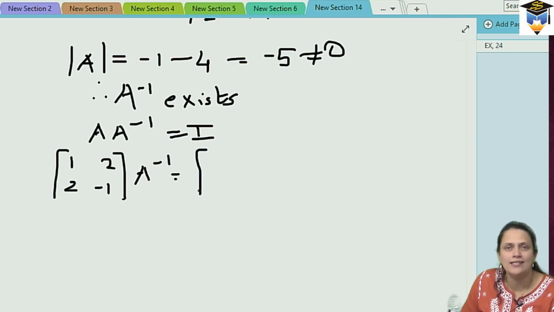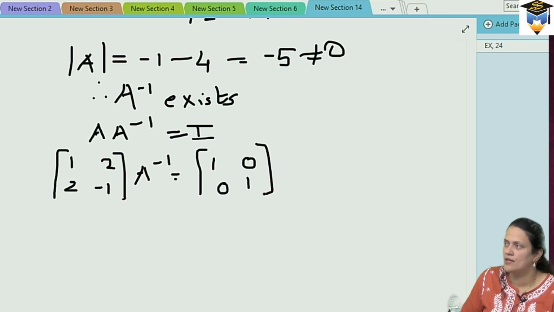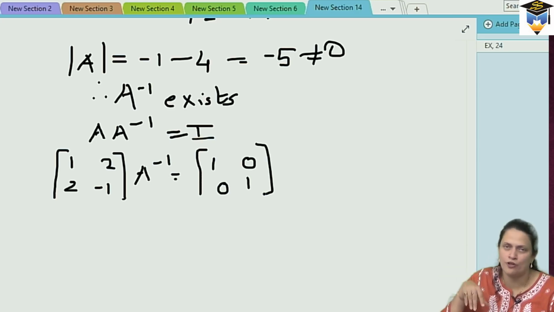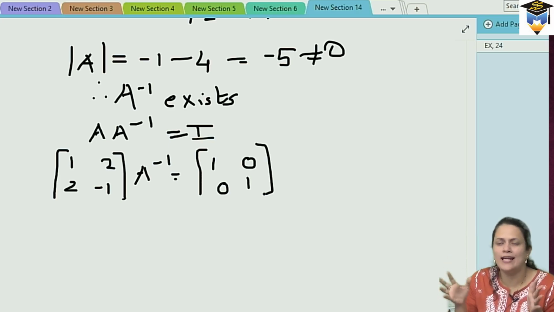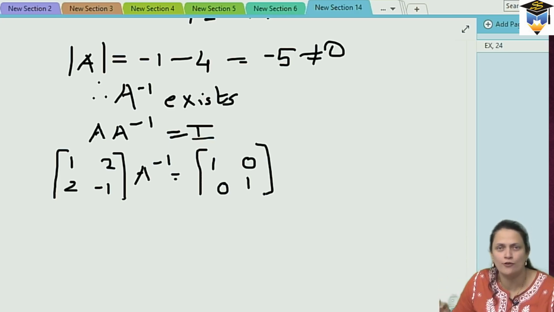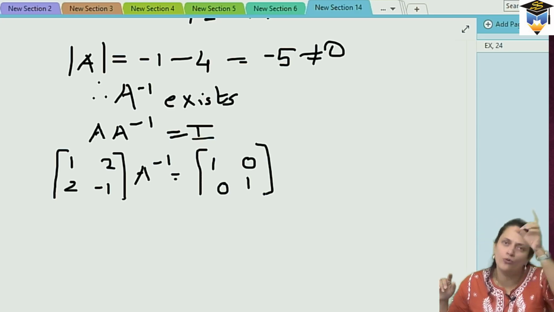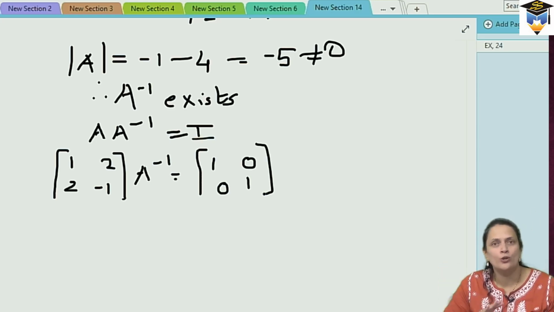And I is the identity matrix which is given to us as 1, 0, 0, 1. So now we have to perform transformations. I am going to prefer row transformations. If you decide that you are going to do row transformations, then from the starting itself do all row transformations. Do not change to column transformations.